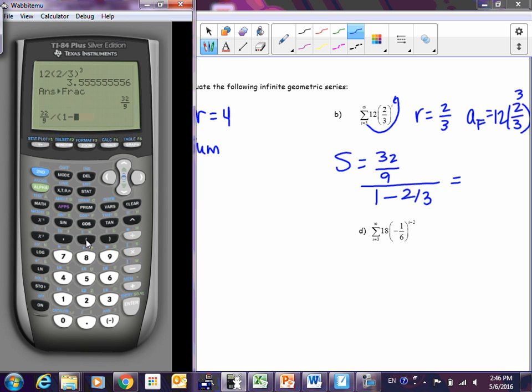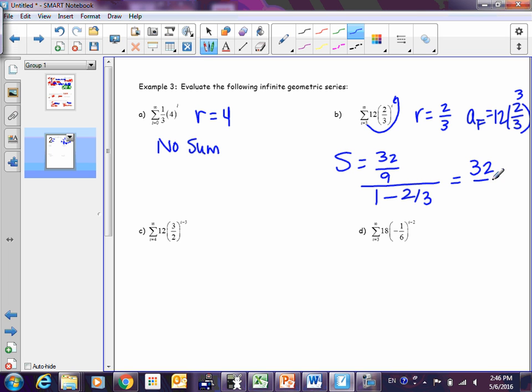Sometimes it matters, sometimes it doesn't. So if you're not sure, go ahead and put the 2/3 in parentheses. And if you get a decimal, do a math fraction to get a more accurate answer. So we get 32/3. That's our final answer.